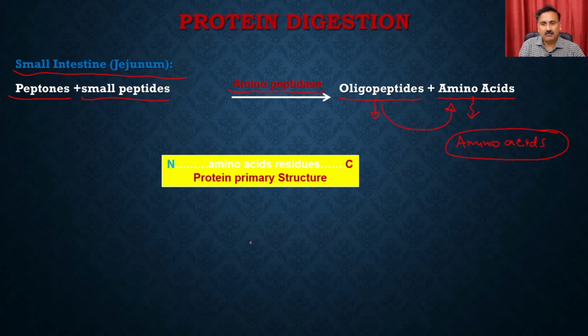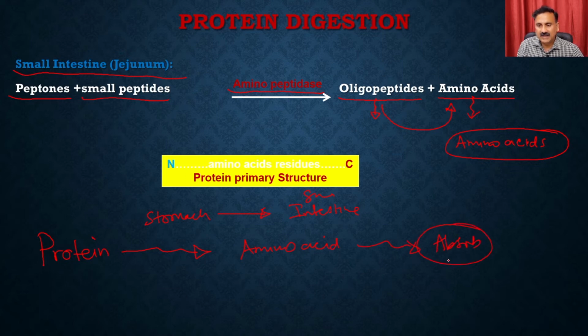So, this is all about protein digestion. Protein starts from this, then through the different types of enzymes present in the stomach and the small intestine, it gets converted into amino acids, and these amino acids are then absorbed for further utilization, whether for the synthesis of different types of proteins as per the animal's requirement, or for other kinds of activities.